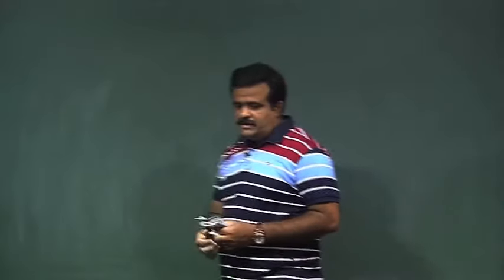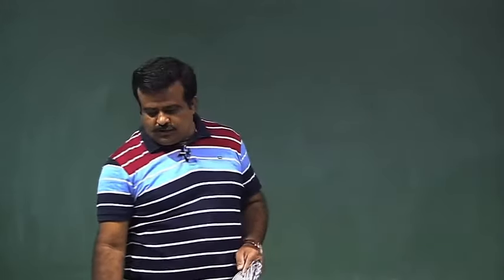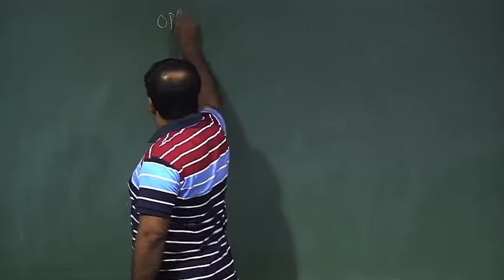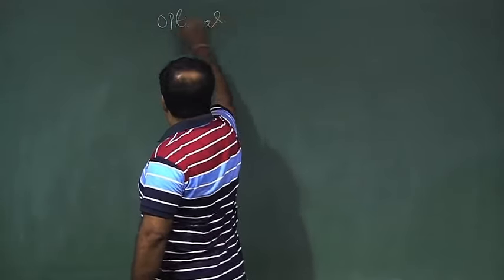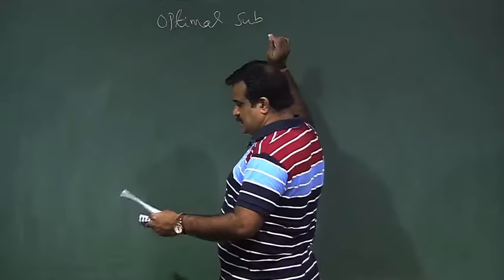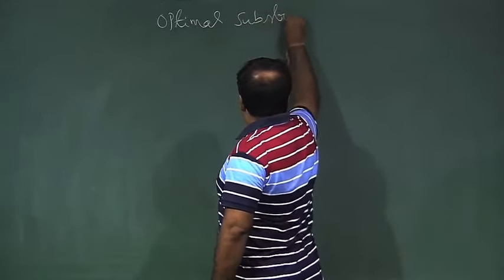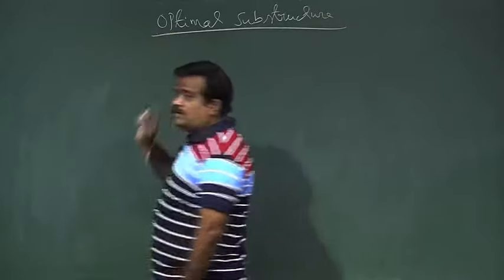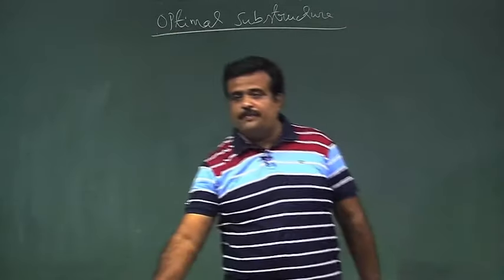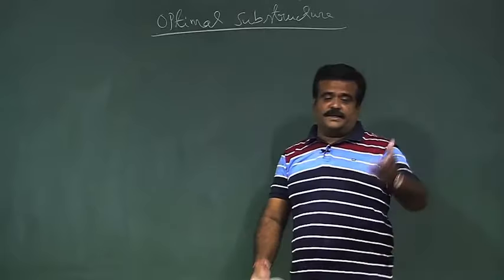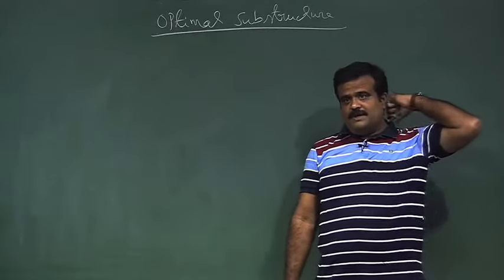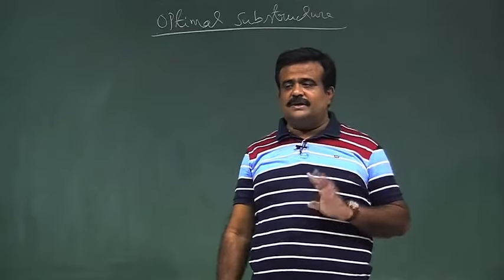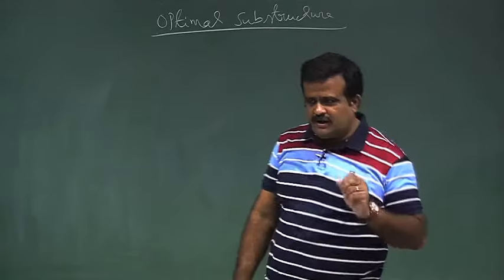We want to see whether we can apply the dynamic programming technique. For that we want to see whether there is an optimal substructure present in the problem. This is the first hallmark of a dynamic programming technique. Any dynamic programming algorithm should have these properties. The first hallmark is optimal substructure.